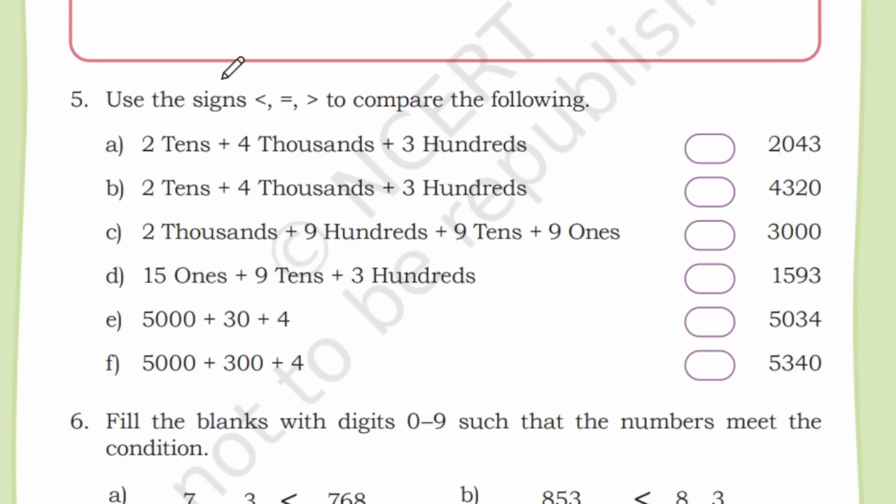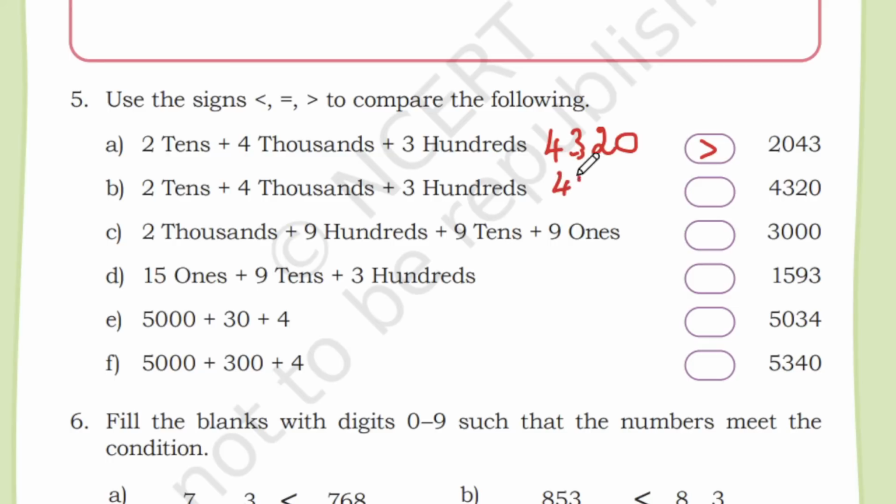Okay. So this one, use the signs and compare the following things. Okay, so here we have 2 tens, 4,000 and 300. So which one is greater? So 4,320. So this is 4,320. So which is greater? 4,000 obviously. Next you have 4,320.